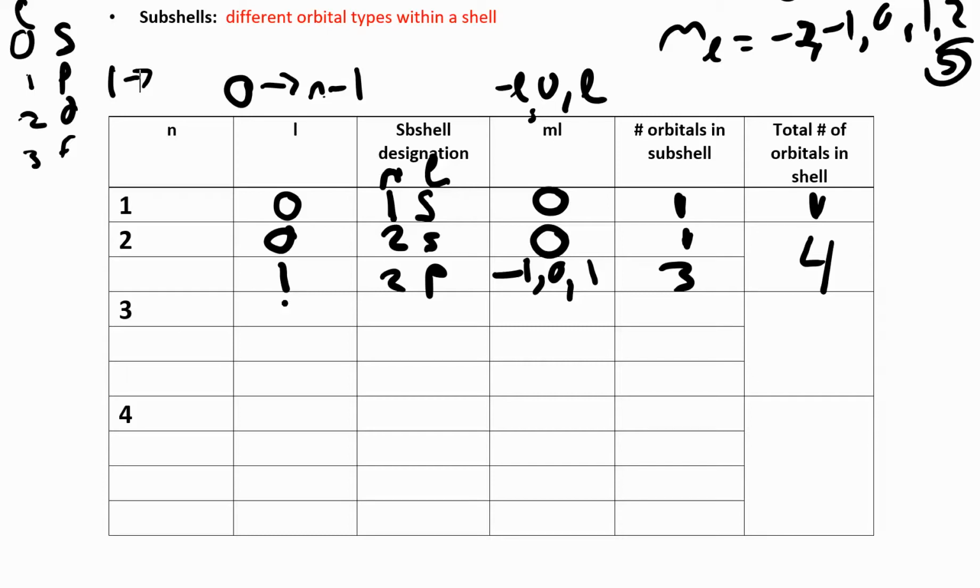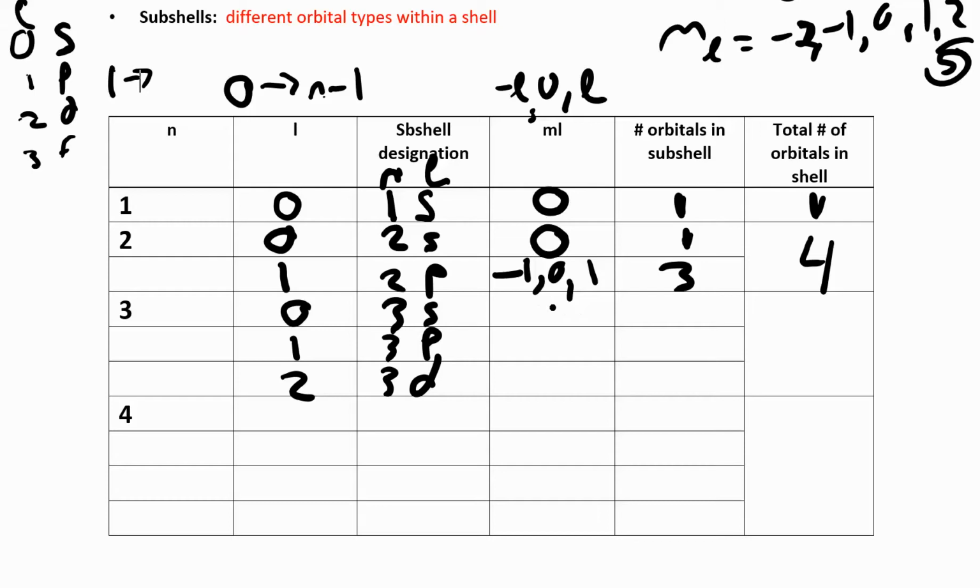Let's try 3. If n is 3, L could be 0, 1, or 2, which means all these are in the third shell. So I have 3s, 3p, or 3d. That s, p, d comes from the L. If L is 0, it's an s. If L is 1, it's a p. If L is 2, it's a d, and so on.